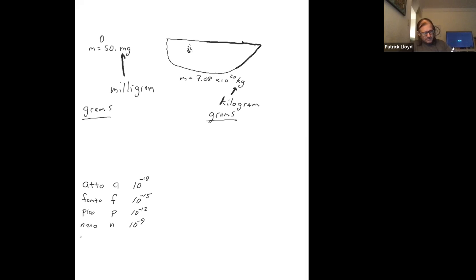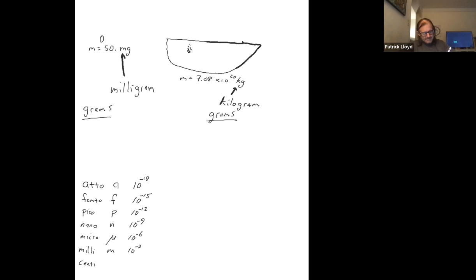Now here's an interesting one, micro. Micro is not an English letter. It's a Greek letter, mu. It's called mu, M-Y-O-O, mu. And this is 10 to the minus 6. So you'll see this quite a bit, micro. Oh my goodness. Apple pencil. Okay. Milli, lowercase m, 10 to the minus 3.